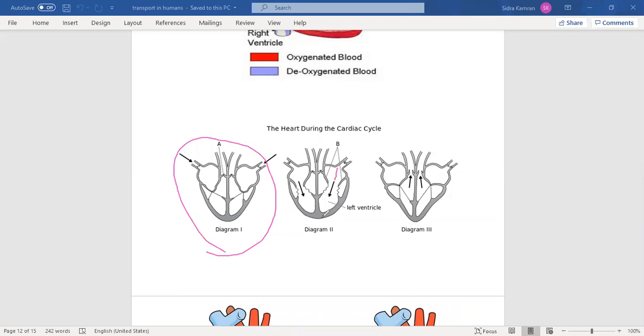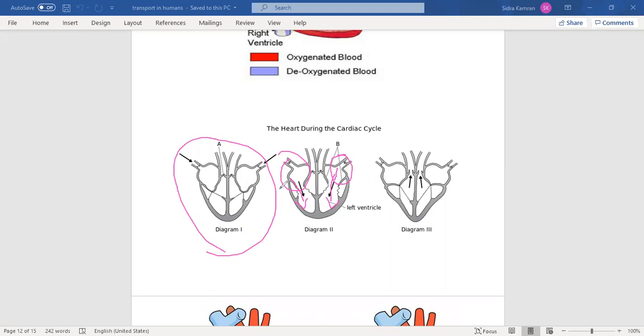This portion contracts when blood is going downward. These atria contract, then blood moves towards the ventricle. So in this way we feel the heartbeat. In this way, when the atria and the ventricles contract, then we feel the heartbeat.